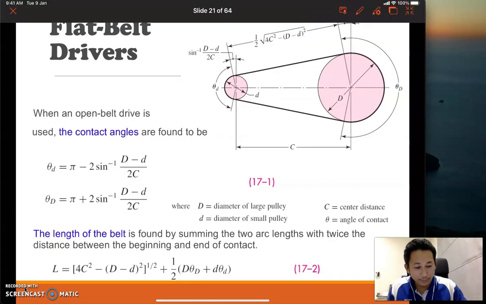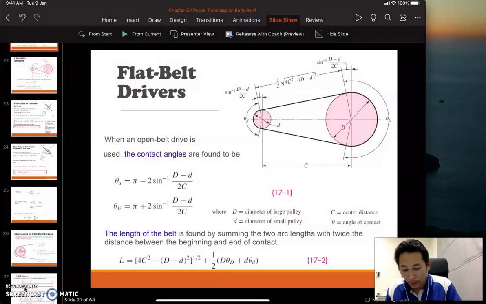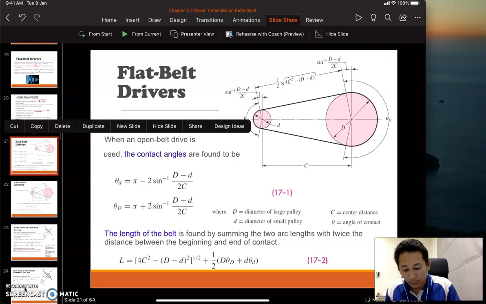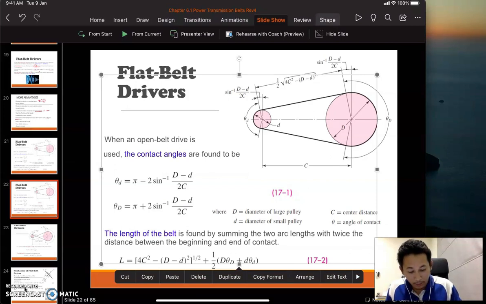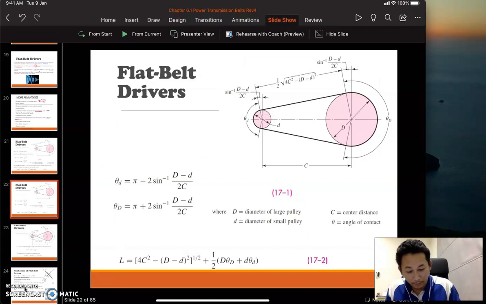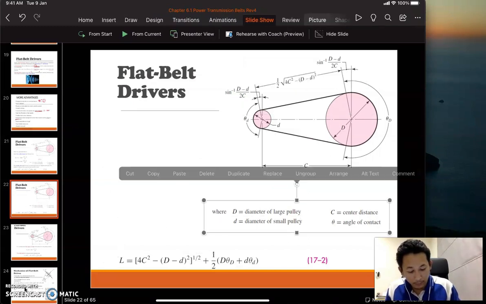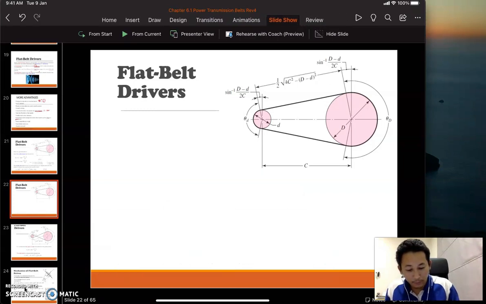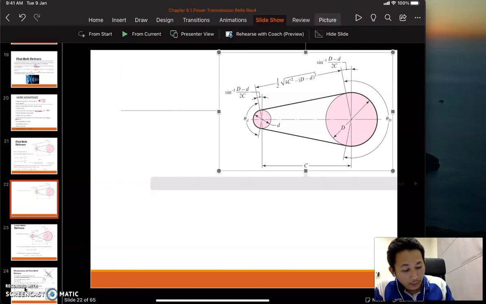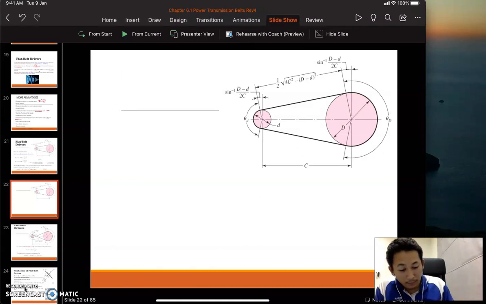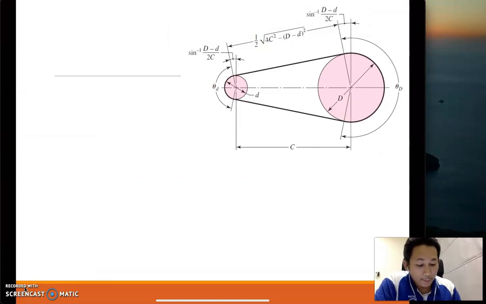So I will show you, from the figure, how to determine the equation with the driver and driven.